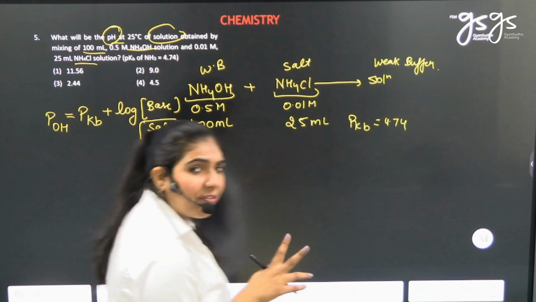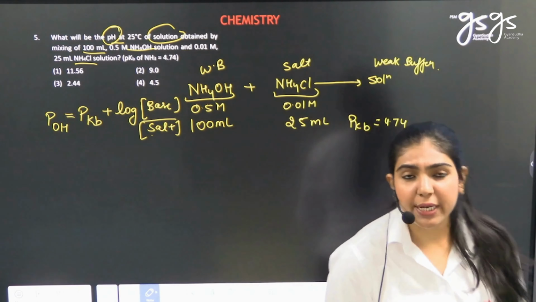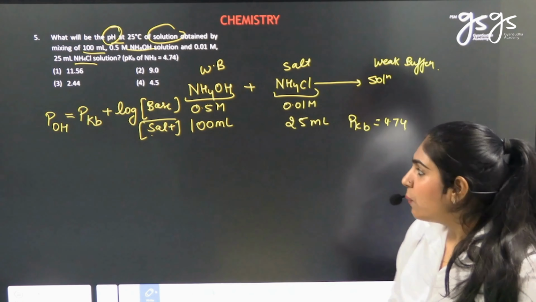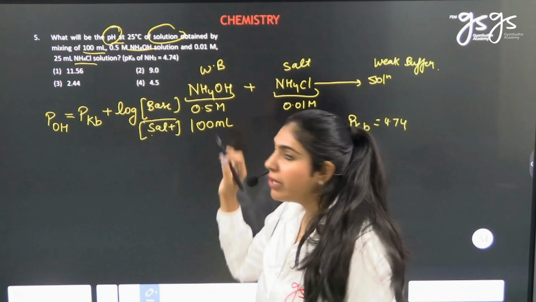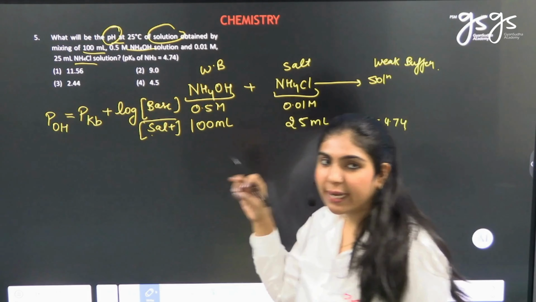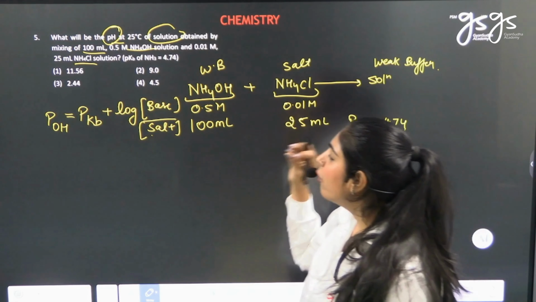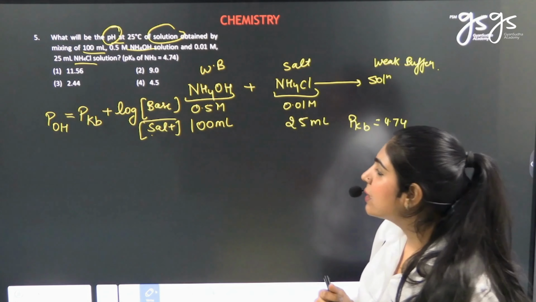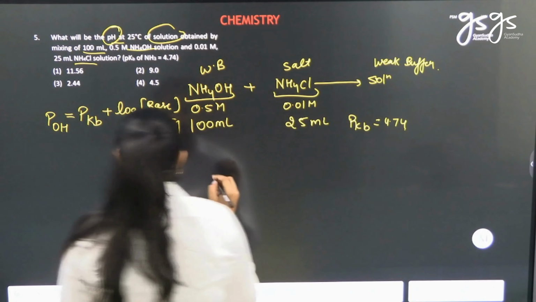Now, there are two ways to approach this question. One is the traditional way, calculating completely, and one is a shortcut. What we can use here is to calculate the number of moles, and directly by putting the number of moles in the concentration term, we can easily solve this question. So let's see how.